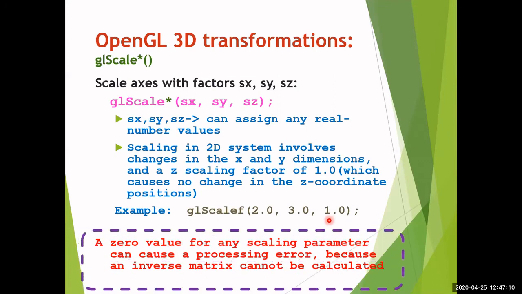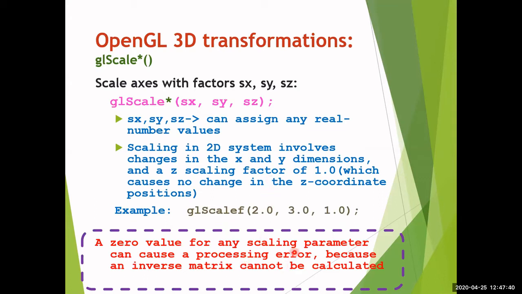One more important note we should see here is that in Sx, Sy or Sz, we should not use 0 at any time. It will become a processing error. Why will it become a processing error? Because of the composite transformation.